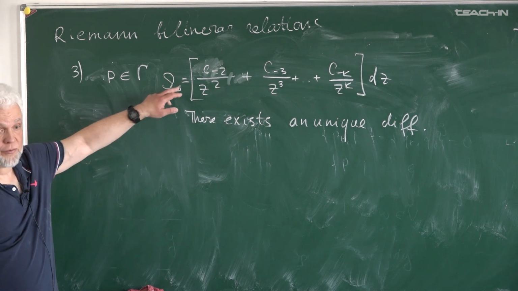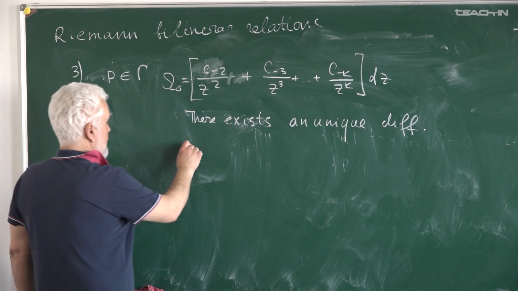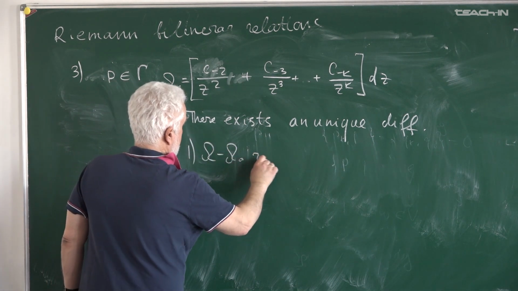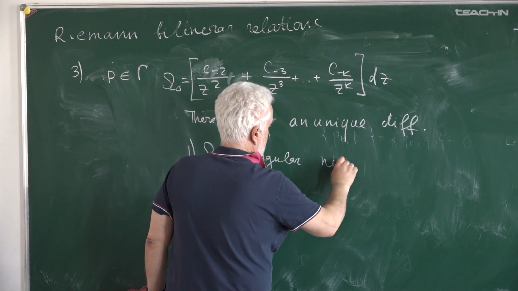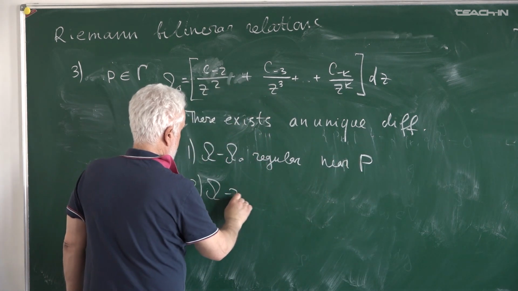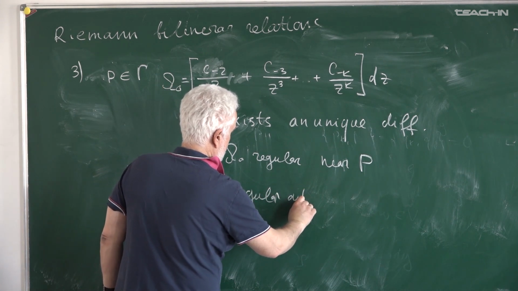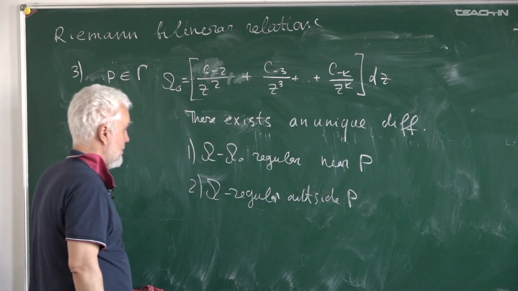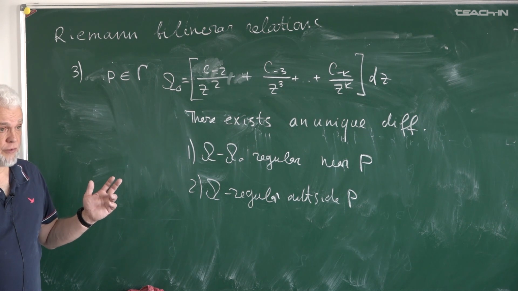It's some local series, some local formula, such that, first of all, omega is regular outside this point.